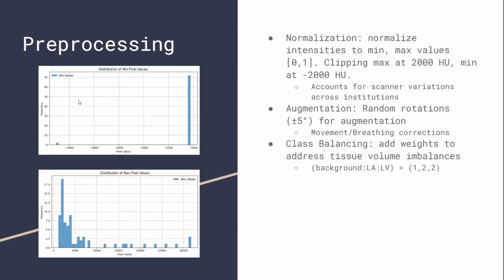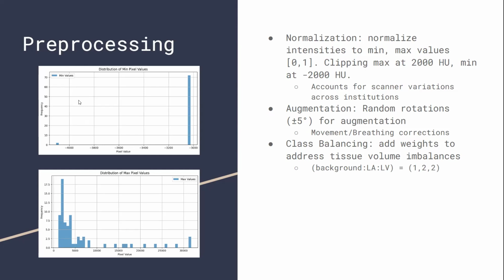Also, we decided to normalize the intensities as we found that a lot of the current models normalize them as well, as we looked through papers. We decided to use min-max values. There are other papers that normalize using z-score values, but we found that min-max values were better for our model, and we set these at a maximum of 2,000 Hounsfield units and a minimum of negative 2,000 Hounsfield units.